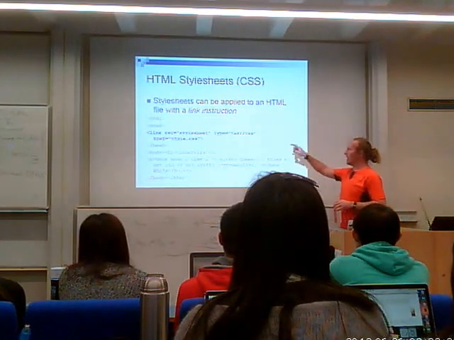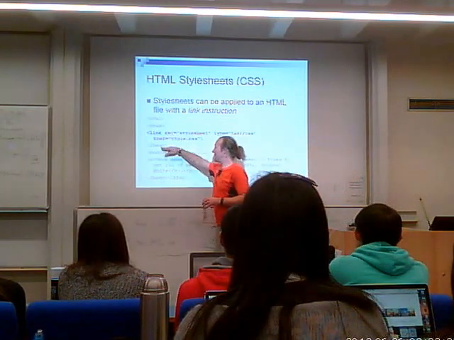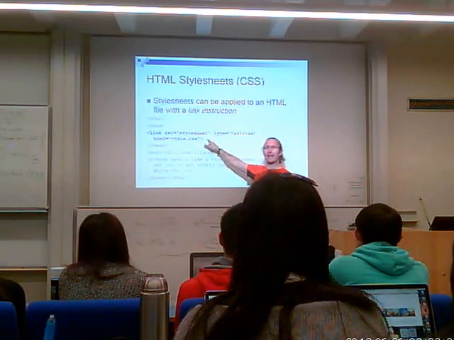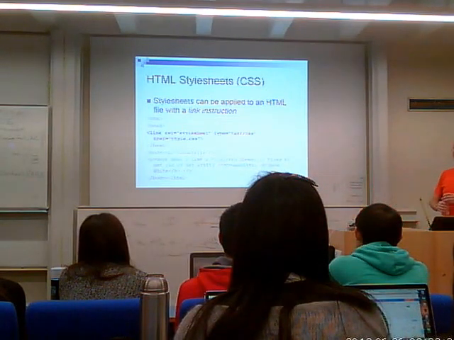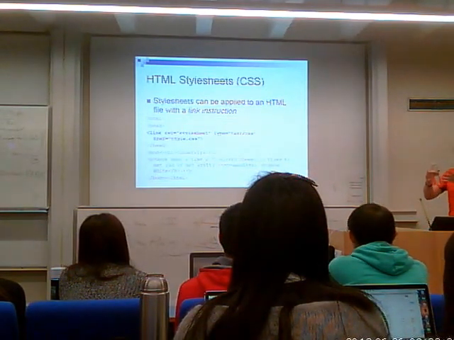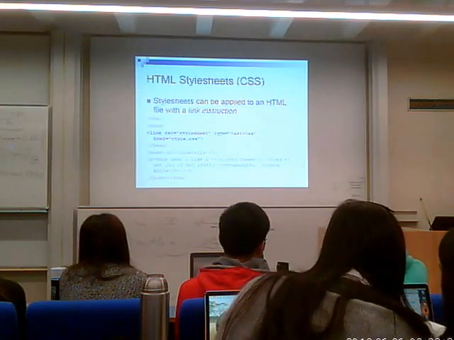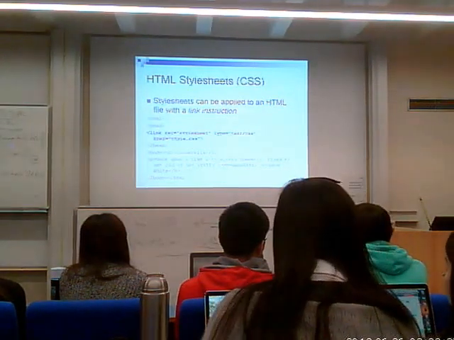Note that this goes in the head tag, so it's not something that's displayed. It's something that's used to do display, but the style sheet itself isn't produced onto the screen. It is metadata about this HTML document.